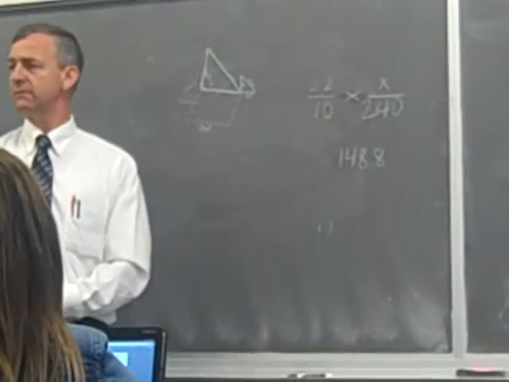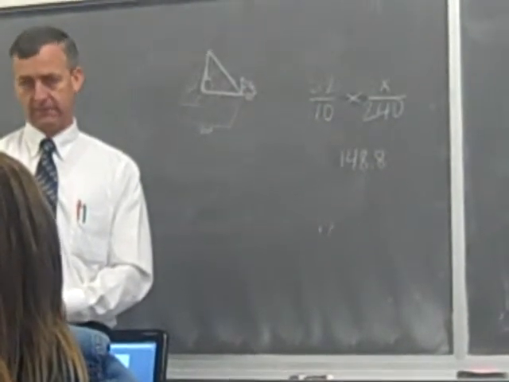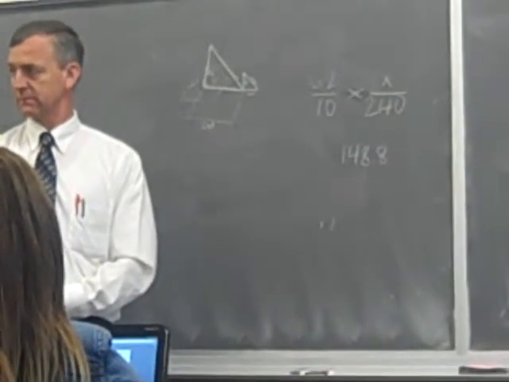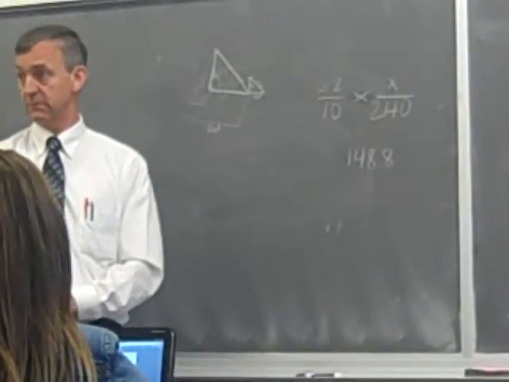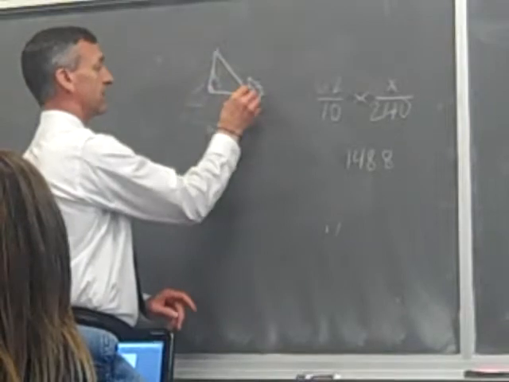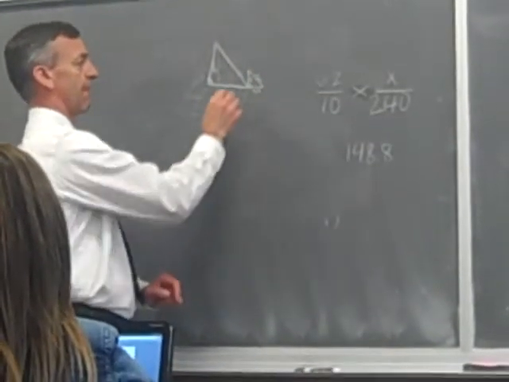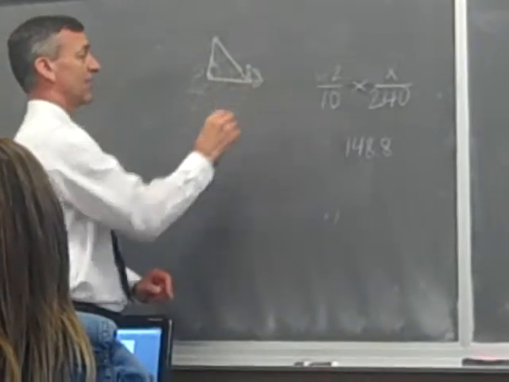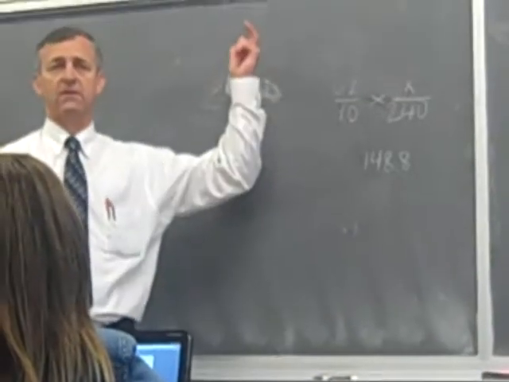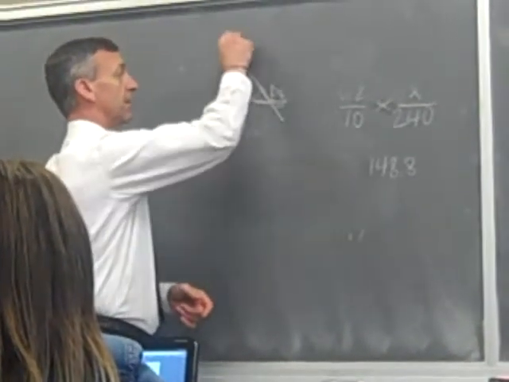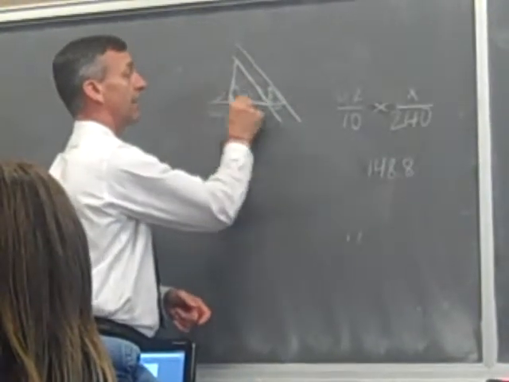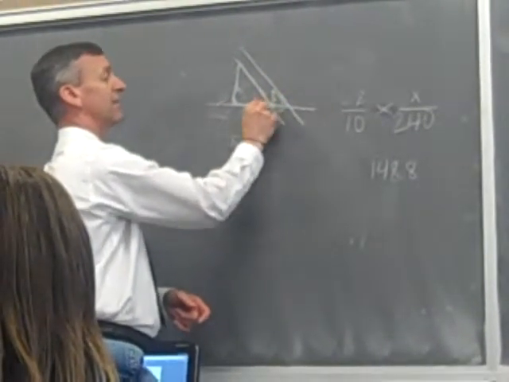Are they similar? Why? What angles? 90 degree angle. We've got the right angles. That angle down there, that's where the sun is hitting them. And because the sun is so far away, the rays are essentially parallel. Therefore, two parallel lines cut by a transversal, what angles?